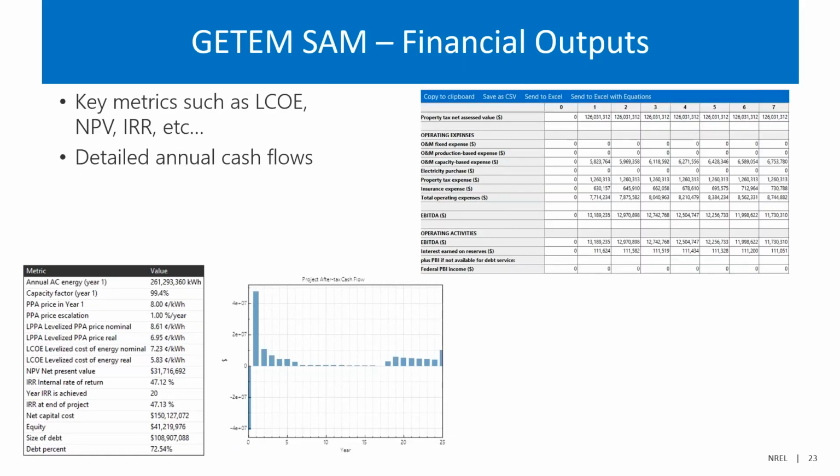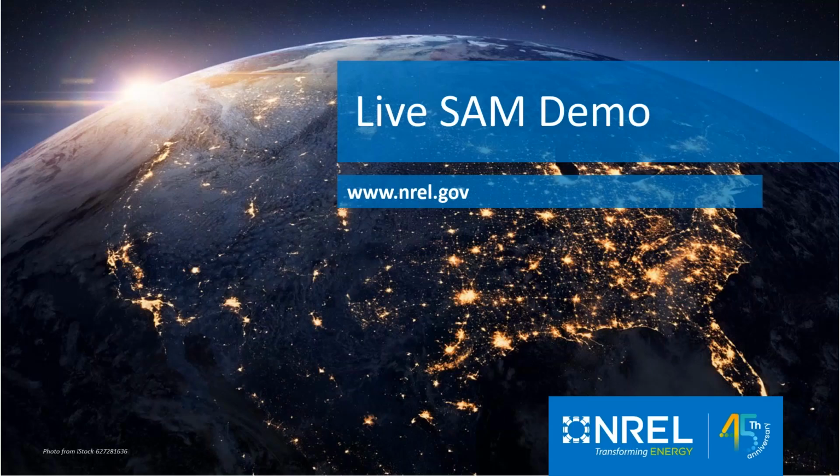And then also financial outputs, we have detailed cash flows, annual cash flows with different cost metrics there. And then in addition to key financial metrics such as LCOE, net present value, internal rate of return, those kind of metrics presented in tabular data that can be exported and then used for your analysis. And some of this will be easier to see when we jump next into the SAM demo.